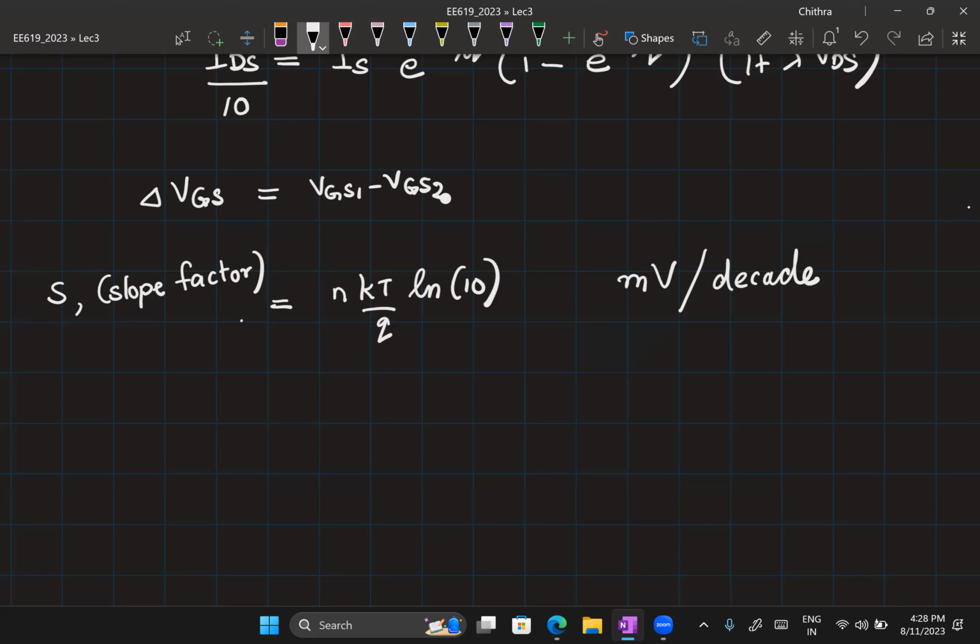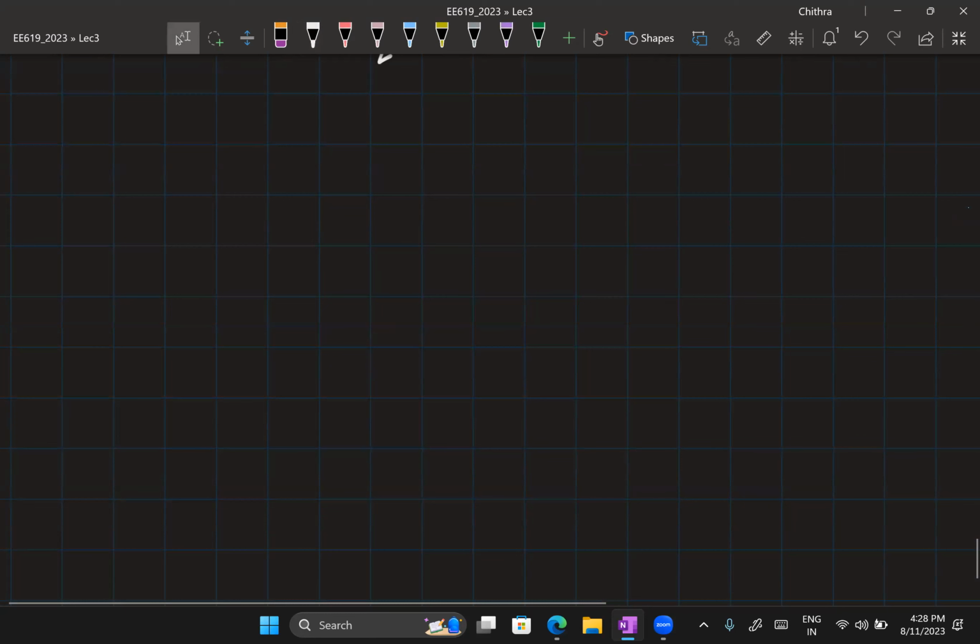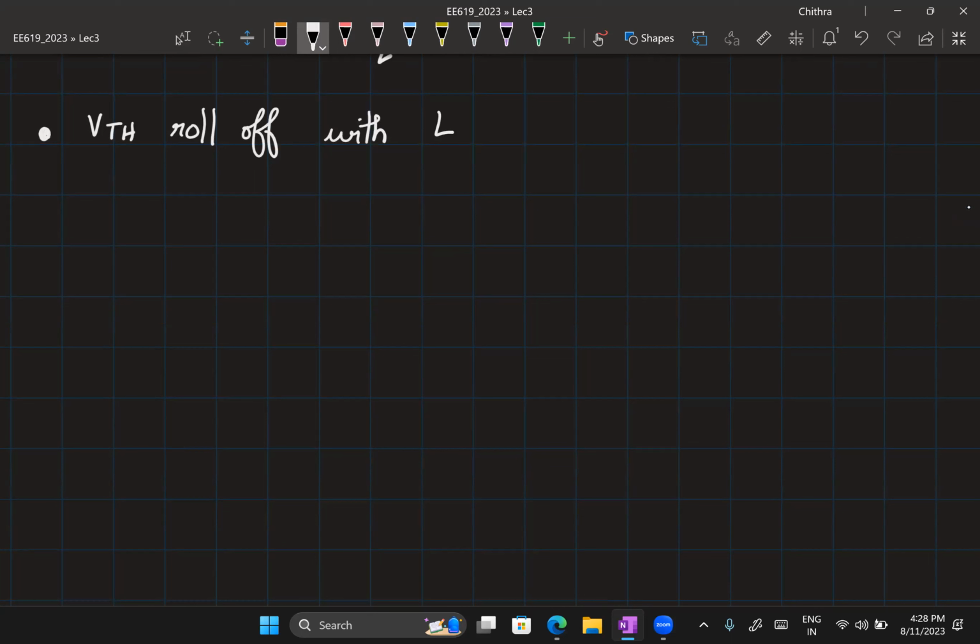So moving on, now I'll quickly touch upon some of the other non-idealities. We will not get into the details. So the first thing is VTH roll-off with reduction in length. As I explained slightly earlier, as your length reduces, the depletion regions corresponding to the source and the drain will become significant regions of the channel. So part of the channel is already depleted.